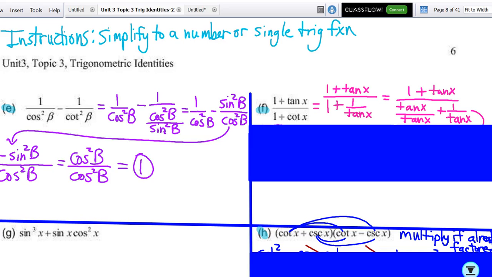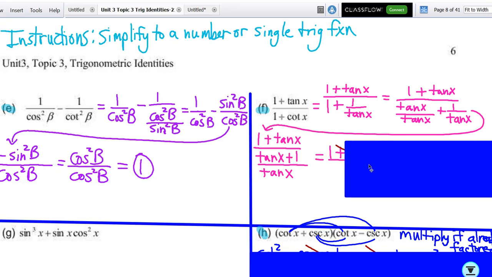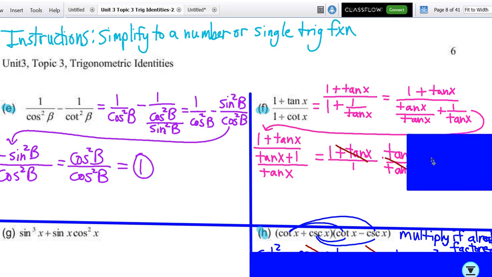So the denominator is now tan x over tan x plus 1 over tan x. And just as in problem E, I can combine the numerators if I have a common denominator. So when I do that, I am able to now simplify the entire fraction. I always use the phrase keep, change, flip to simplify complex fractions.